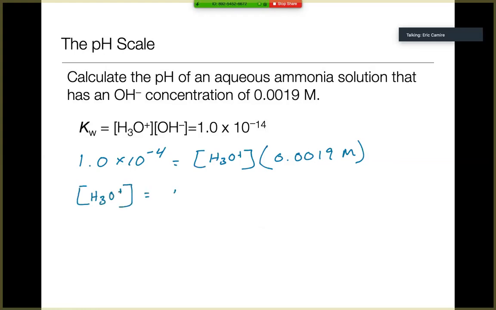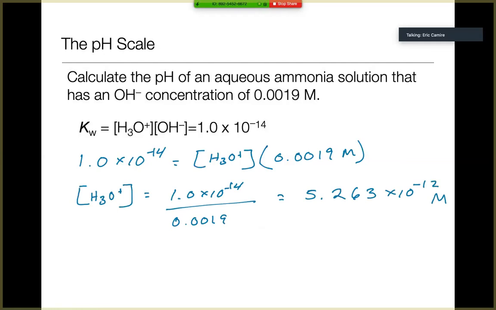So hydronium equals 1.0 times 10 to the negative 14th divided by 0.0019. If we do that out, we get 5.263, blah, blah, blah, times 10 to the negative 12, in molar.